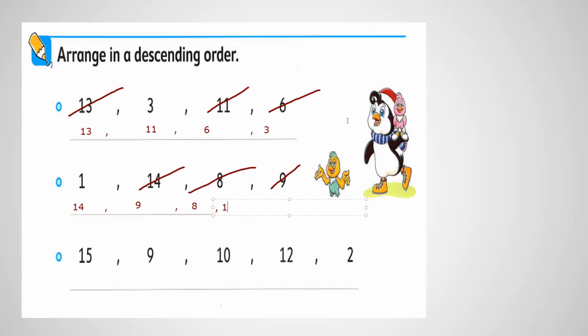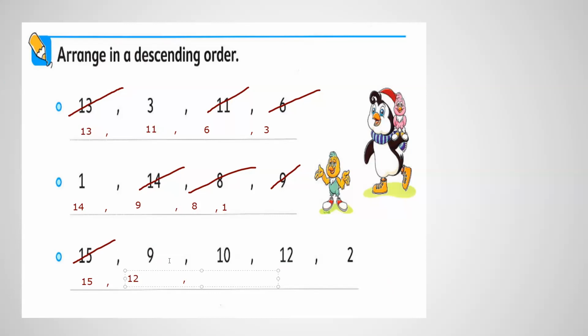The last example. Here we have 15, 9, 10, 12, and 2. Yes, start from descending, start from the biggest number. It's 15. Okay, after 15, what comes? Bravo, it's 12.